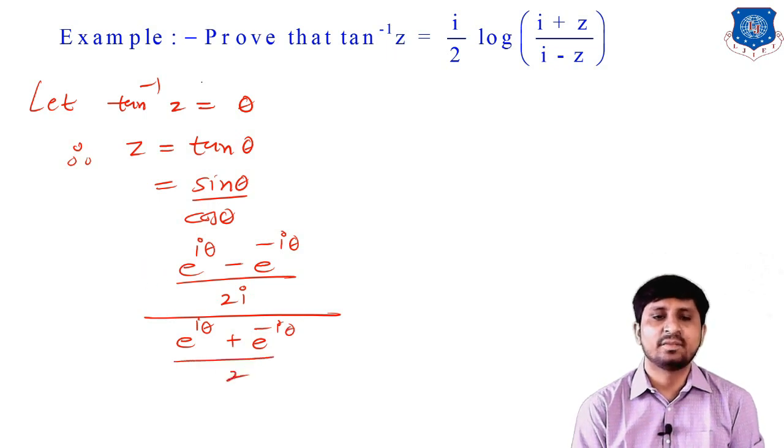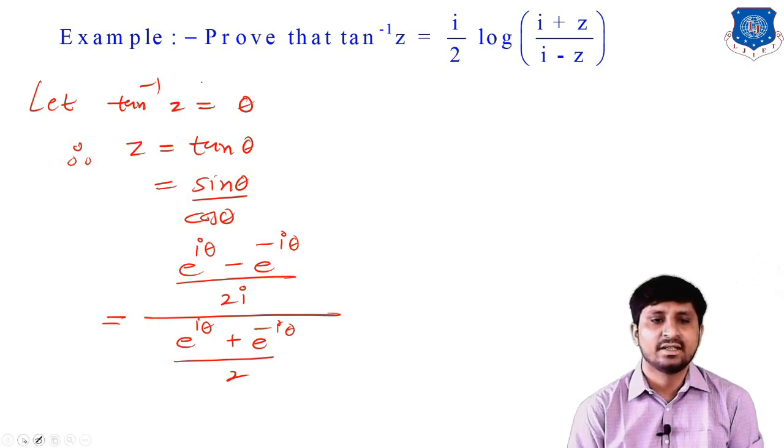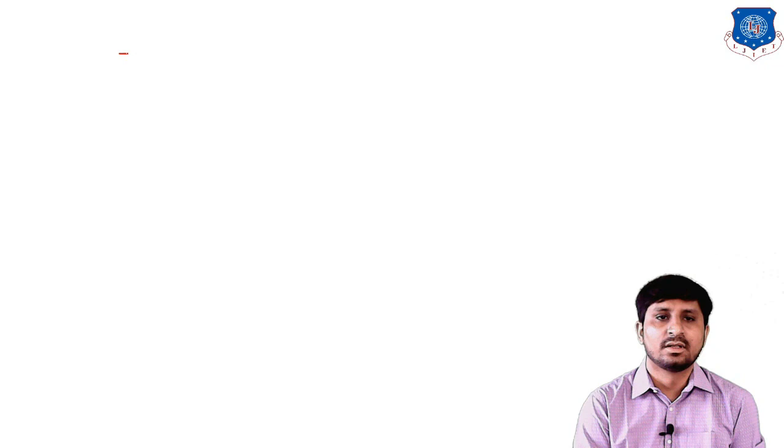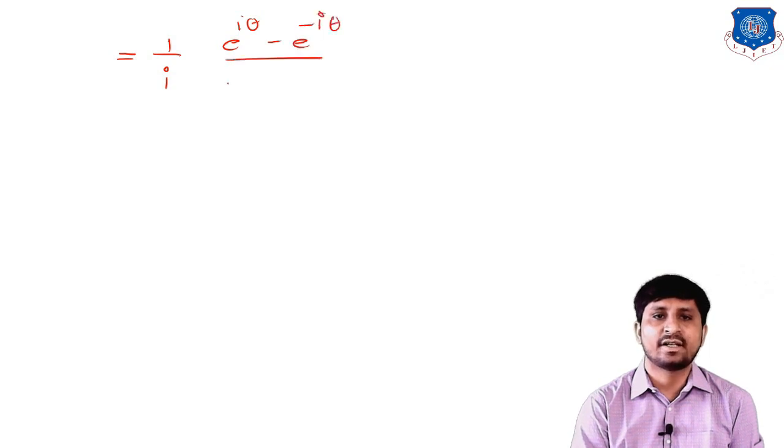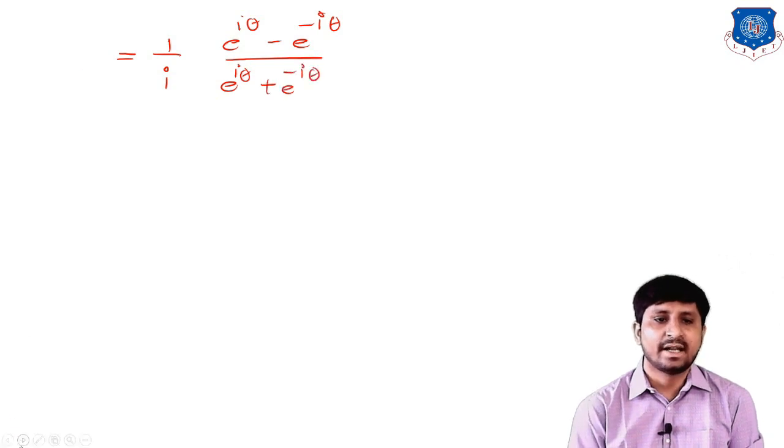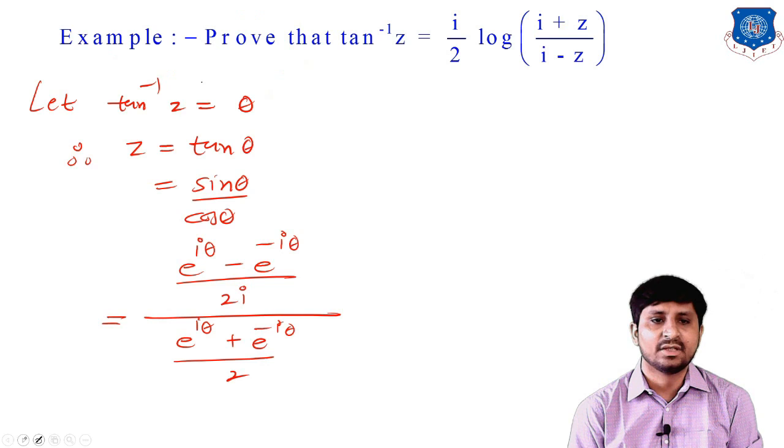Now this 2 will be cancelled out, so we have only 1 upon i into e raised to i theta minus e raised to minus i theta upon e raised to i theta plus e raised to minus i theta. On the left hand side we have z.